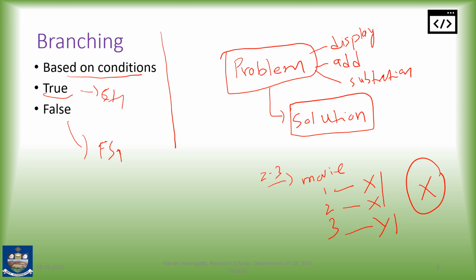Again, logical operators, true or not. We will go for relational operators: greater than, less than, greater than or equal to, less than or equal to, not equal to. Like that, with the help of the relational operators and with the help of the logical operators and, or, not, we will check the conditions. So based upon the conditions, the output may be true or false. If it is true, the true statement will be executed. If it is false, the false statement may be executed.